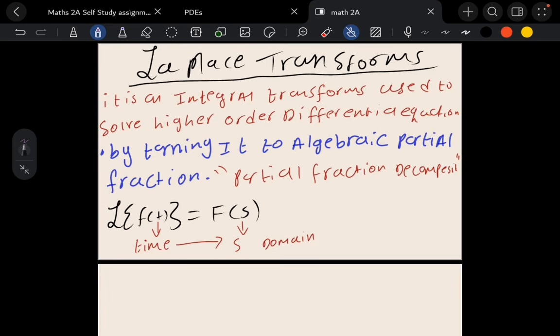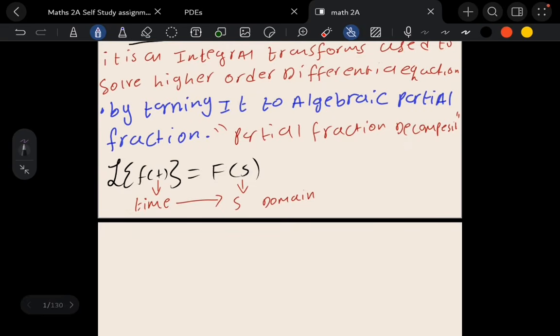Whenever you take the Laplace transform, you're always going to take it from t, and your final answer must be in terms of s. Do you understand that?